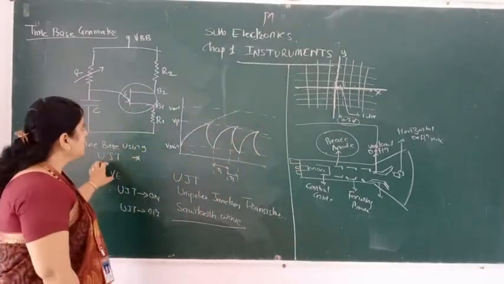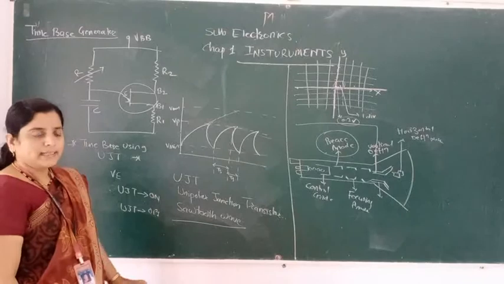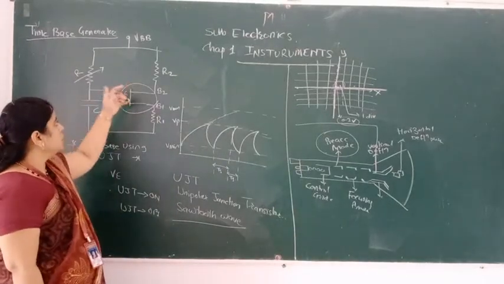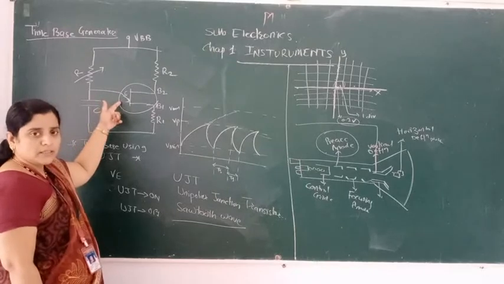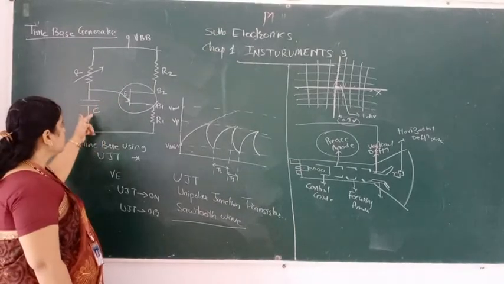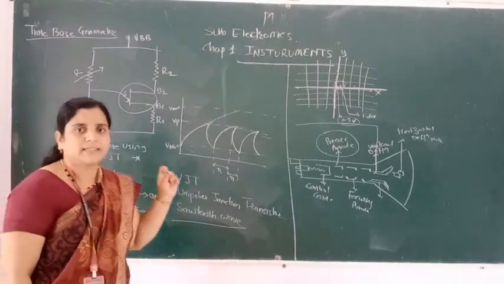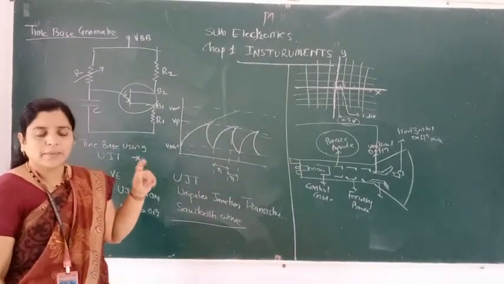Okay, so in the time-base generator, you can write like this. Two resistors are used, R1 and R2. One UJT is there, unipolar junction transistor. One capacitor is there, and a variable resistor is there. With that variable resistor, you can adjust the resistance so that the capacitor will be charged.